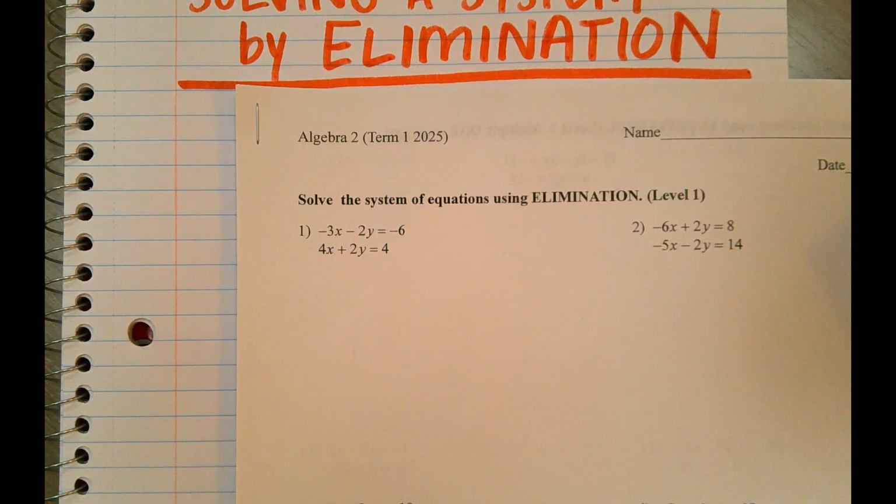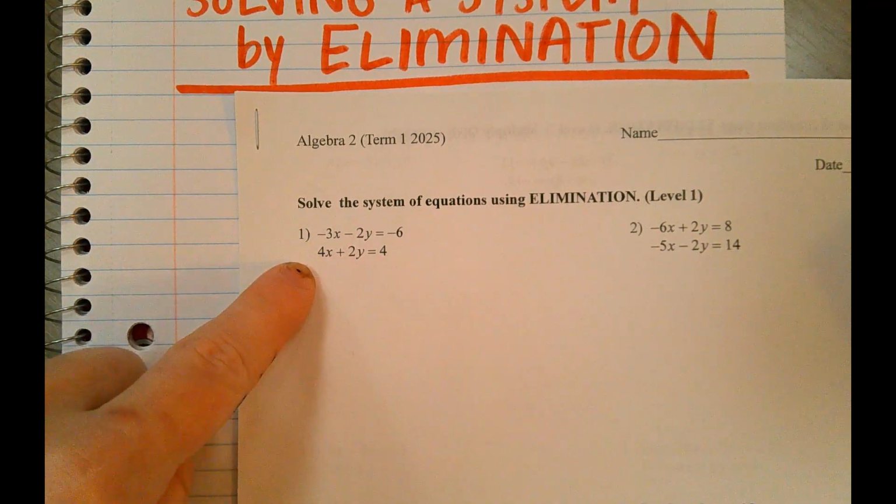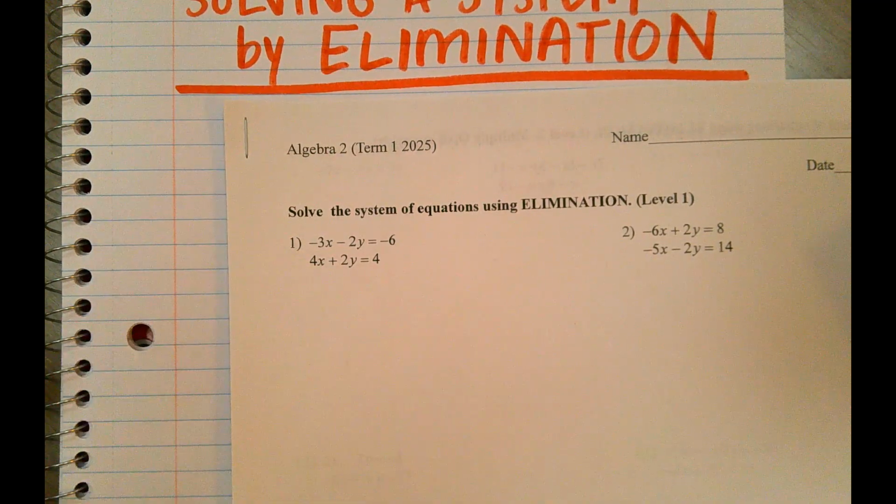So the issue here is now we're trying to find x and y. And not only does x and y have to make this first equation true, it has to make the bottom equation true as well. So what you could do is just guess and check. You could try a bunch of x values and see until you get one that works. That would take forever. So we're going to use this elimination method.